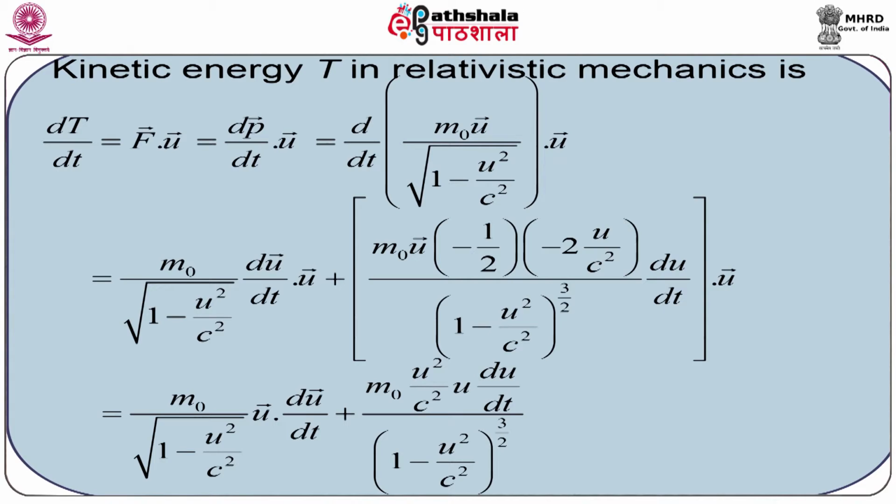We know that kinetic energy is equal to half into m into u vector square. Taking the time derivative, we get m into u dot d/dt of u. M into d/dt of u gives force vector and we have another u. So, we get d/dt of capital T is equal to F vector dot u vector.